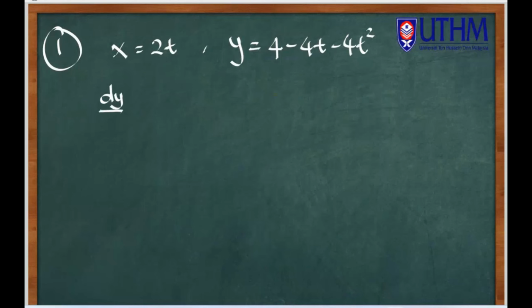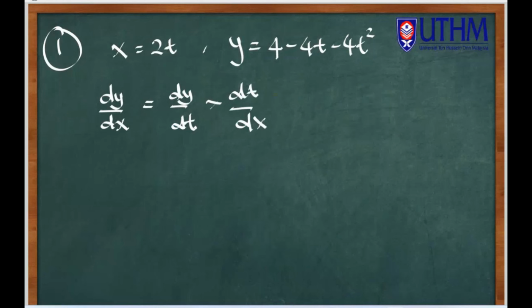If we are given a function of x equal to 2t and y equal to 4 minus 4t minus 4t squared, the question asks to find the differentiation of this parametric function. As we know, the formula is dy/dx equal to dy/dt times dt/dx.